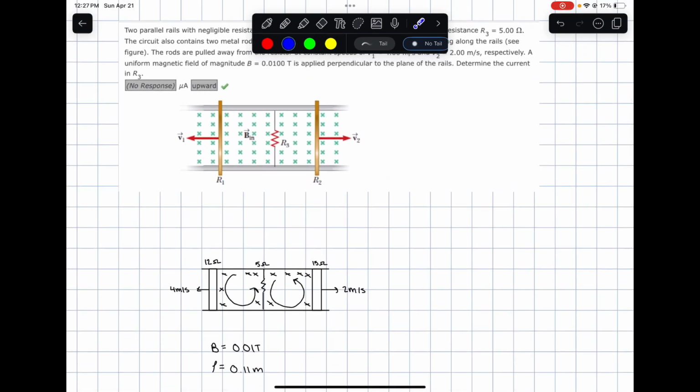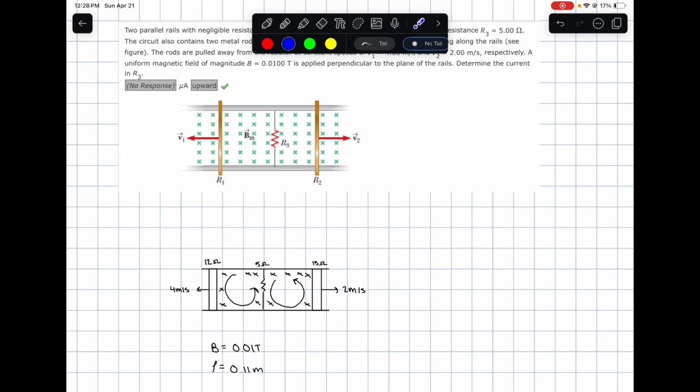R1 is given to be 12 ohms, R3 is 5 ohms, R2 is 15 ohms, V2 is 2 meters per second, V1 is 4 meters per second. We're given that the magnetic field is pointing into the page, its magnitude is 0.01 teslas, and the length is 0.11 meters.